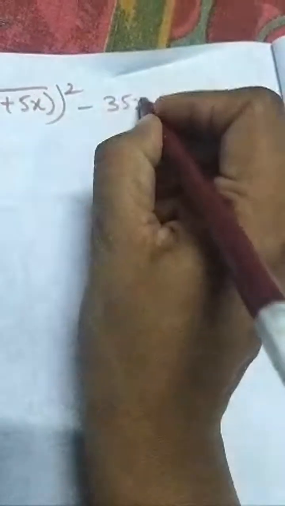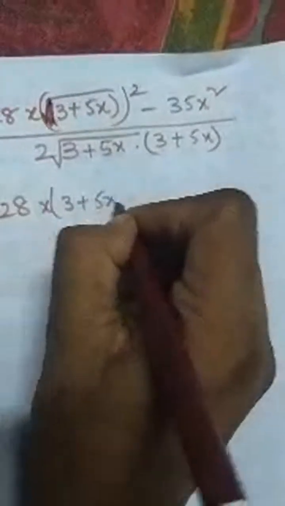The root gets cancelled, and I write the whole square here. Next step I will cancel this root. Minus 35x square by the denominator. It comes to the denominator, which is already in the denominator. So 28x into 3 plus 5x. This root and square cancel.